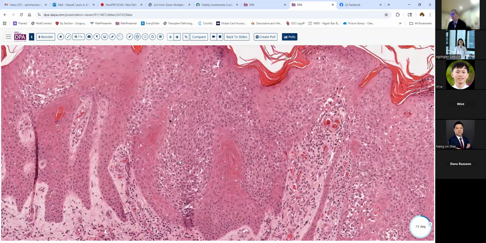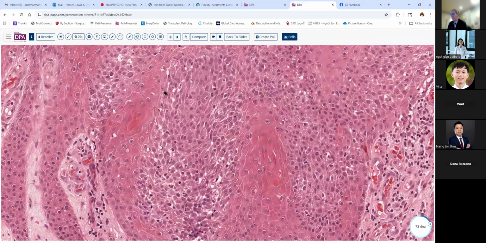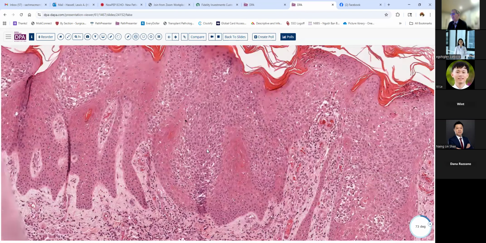As you can see here, there's a lot of space between the keratinocytes. And it almost looks what we call spongiotic, where you can see the spongiotic space between the keratinocytes and these spiky tight junctions stretched to their limit in this lesion.